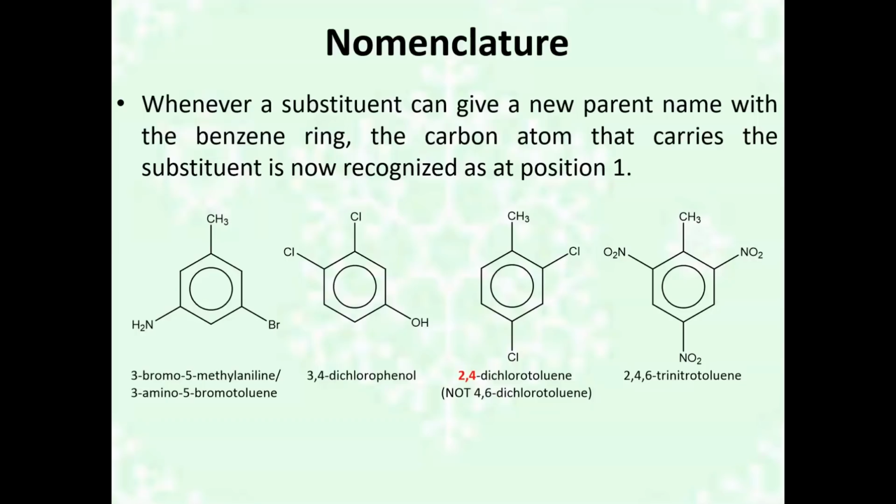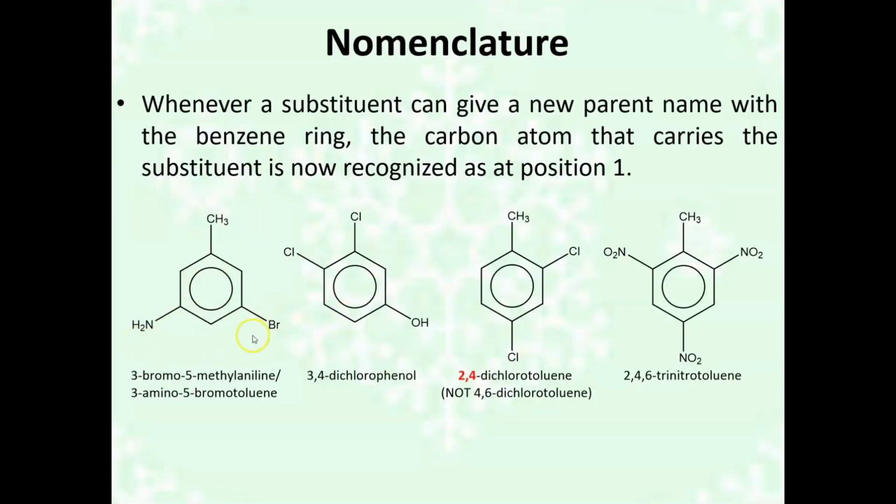The first example shown here has 3 substituents. We have CH3, NH2, and also Br. If you remember, if CH3, a methyl group, is attached to the benzene ring, it has a new parent name called toluene. And NH2, an amino group attached to the benzene ring, also has a new name called aniline.